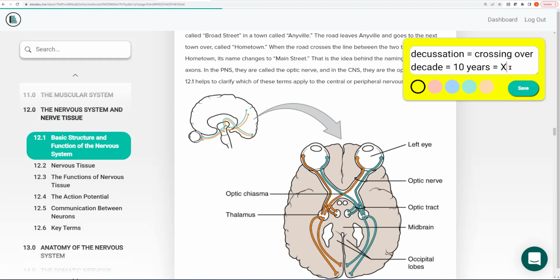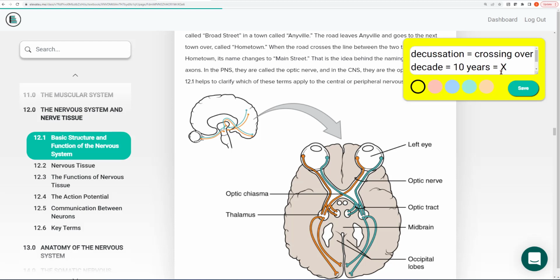Now, also in that, you may be familiar with the Greek letter chi. And the Greek letter chi also looks like an X. So when you see this word chiasm, it's referring to this crossing over, this X that is seen. When you hear the word decussation, same thing. Think decade.